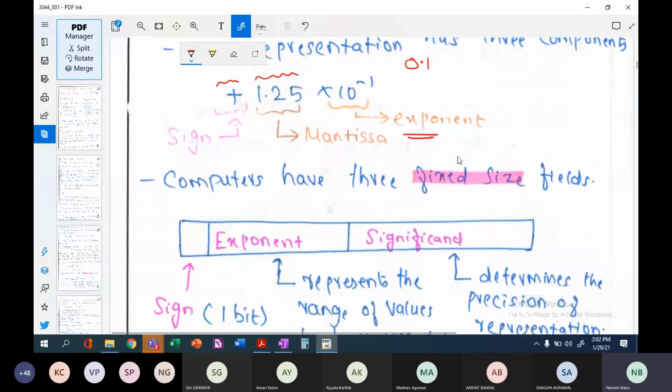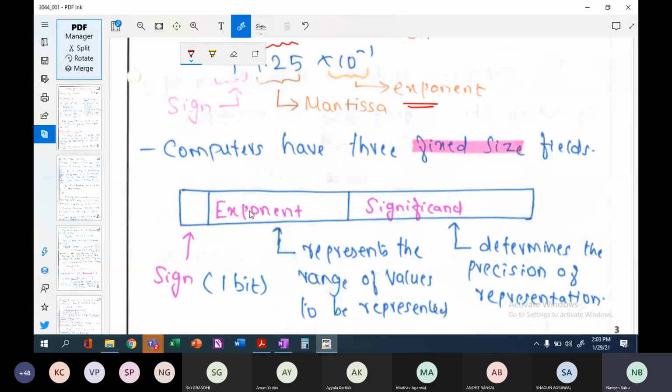So a digital format has been divided into three different components. That is, one bit is used to represent the sign, and then a certain number of bits are used to represent the exponent part. This is the one that will give you the range of values to be represented. Then you have a significant part, which is nothing but the mantissa representation.